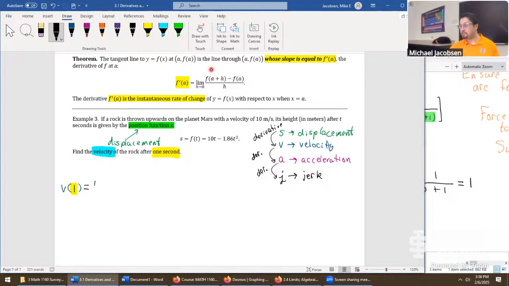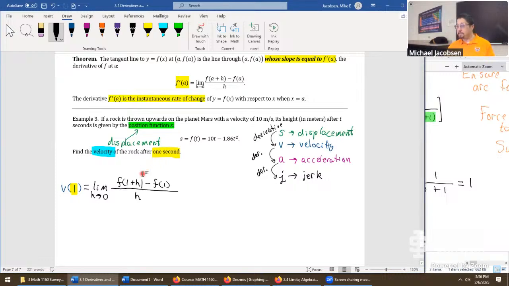We're taking the limit as h goes to 0 of the function f at 1 plus h. So I plugged the 1 up here as well, coming from the 1 second, only because there was a 1 here, minus f at 1, divide by h.